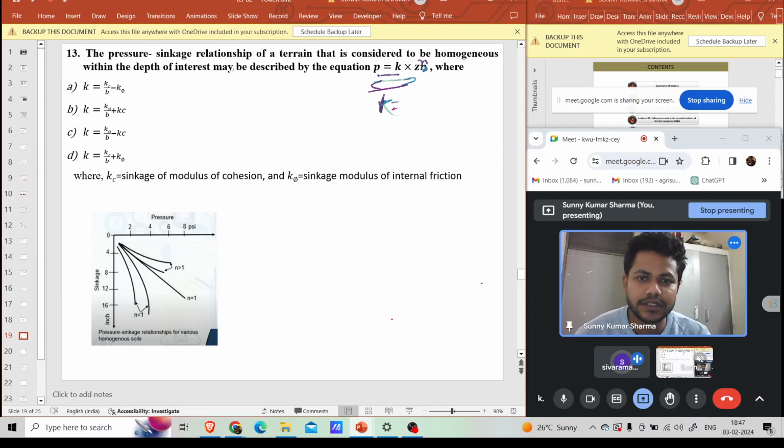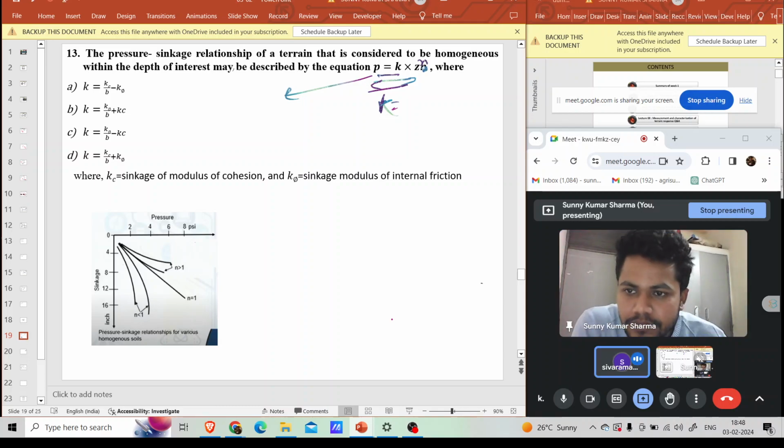In this Bekker's equation, it is a constant that provides soil characteristics. Which option do you tell? A, B, C, or D? Yes, sir. B. Yes, sir.